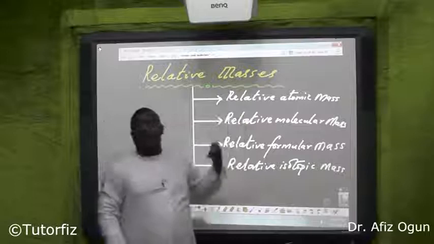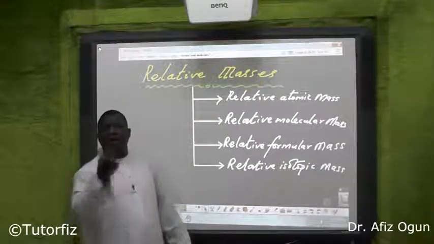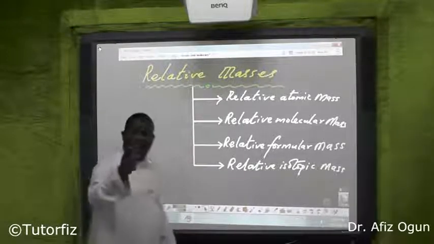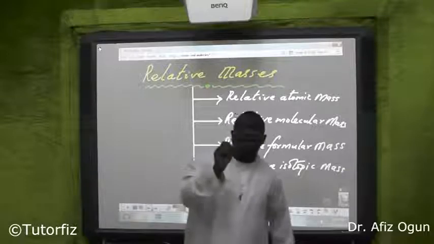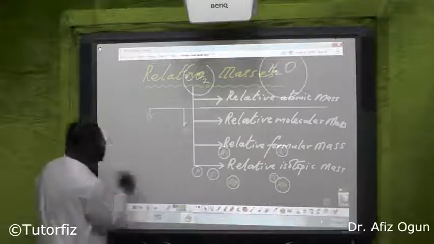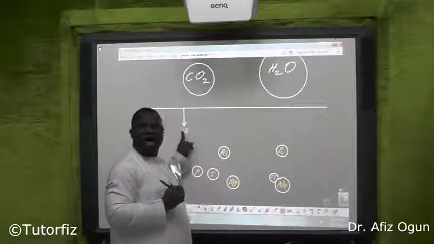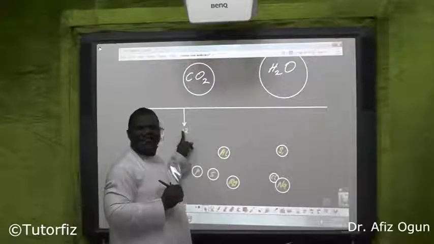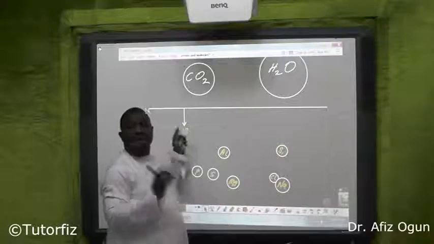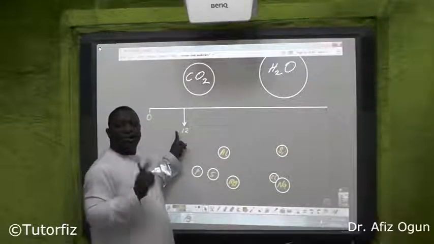Relative atomic mass of an element is the average mass, and average is very important, of an atom of the element on a scale where an atom of carbon-12 has 12 atomic mass units.